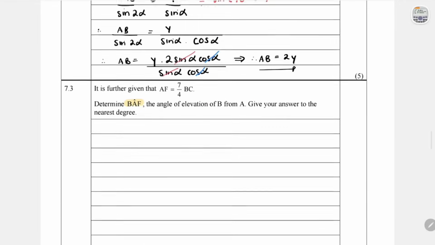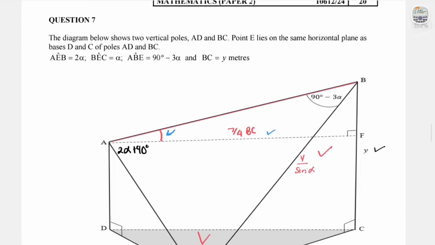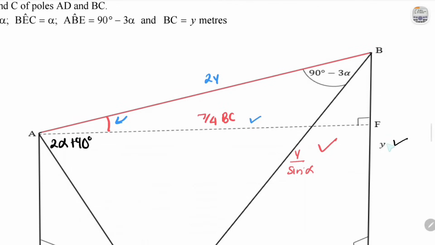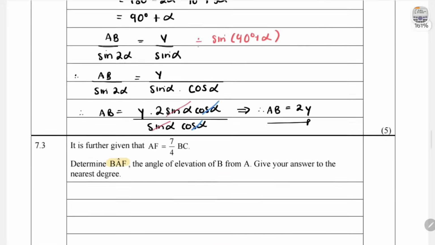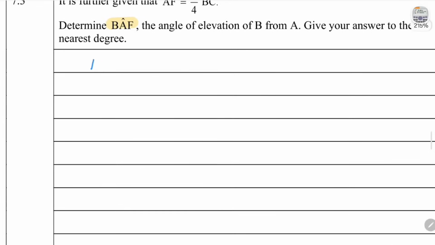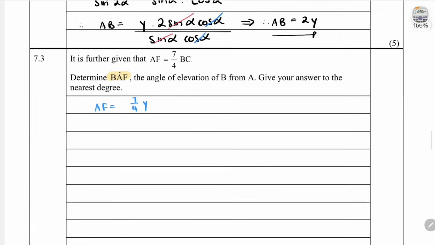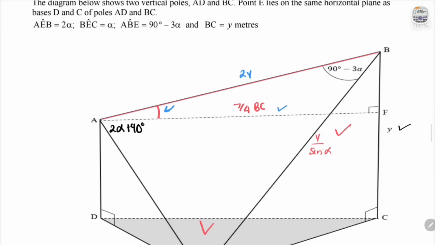Okay, so that makes perfect sense. Since this is 2y, they will both be in terms of y. And since AF is 7 over 4 BC, and we know that BC is y, let's just tell them what AF is. AF is simply equal to 7 over 4y. So they're both in terms of y.